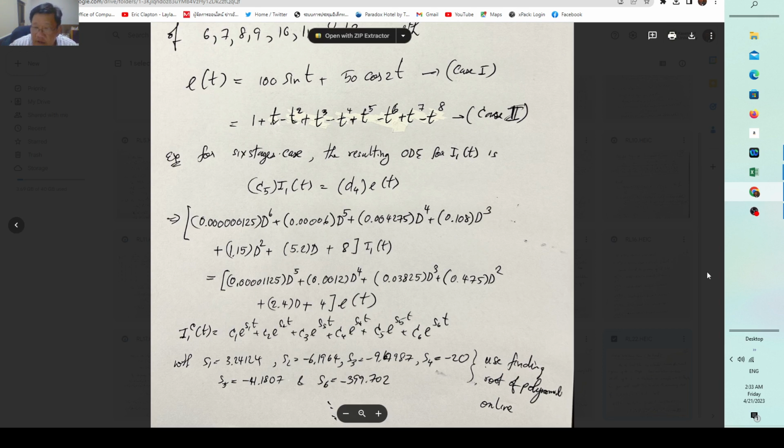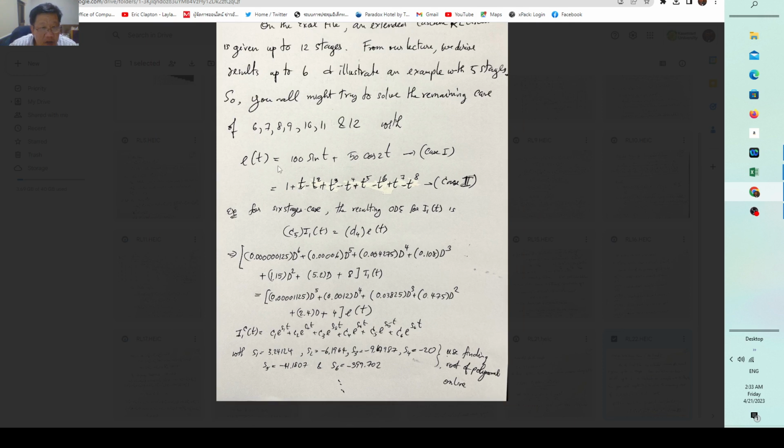And you can do both cases also, which means that E sub t can be case 1, a sinusoidal signal, or a polynomial of order 8. Or to challenge yourself, you might combine all this together, which means it's going to be both 1 and 2 together: 1 plus t minus t squared plus t to the 3 minus t to the 4 plus t to the 5 minus t to the 6 plus t to the 7 minus t to the 8 plus 100 sine t plus 50 cos t.